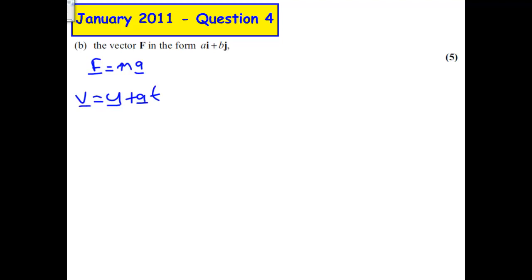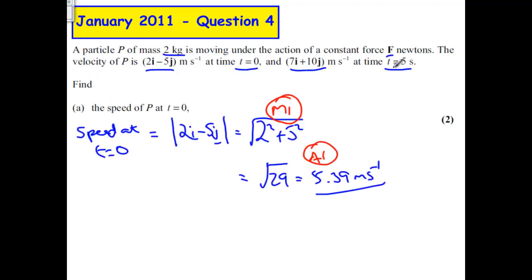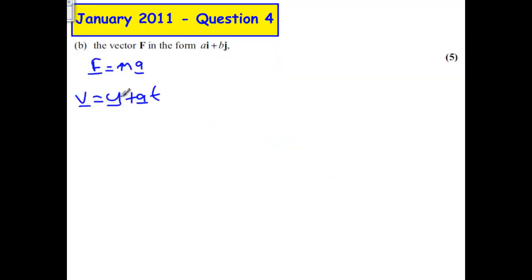Now we know that when time is 5, the velocity is 7i plus 10j, and when time is 0, the velocity is 2i minus 5j. So I'm going to set this as my value of u, my initial velocity, this is my final velocity v, and I'm going to substitute the value of 5 for t. I'm going to do all of that into this equation.